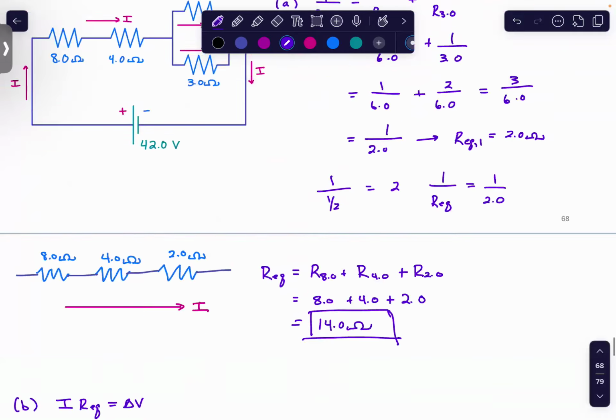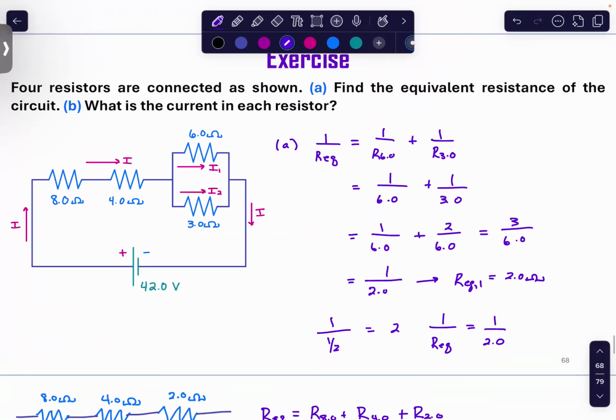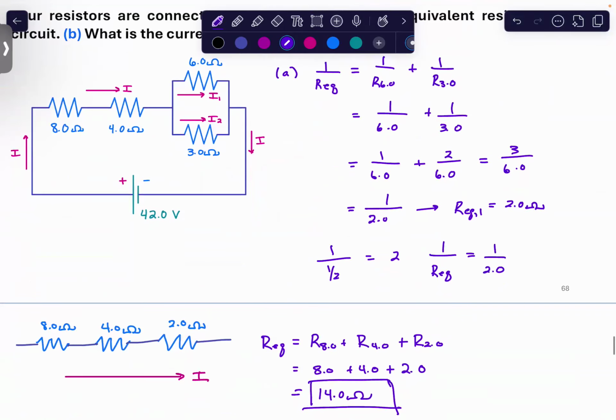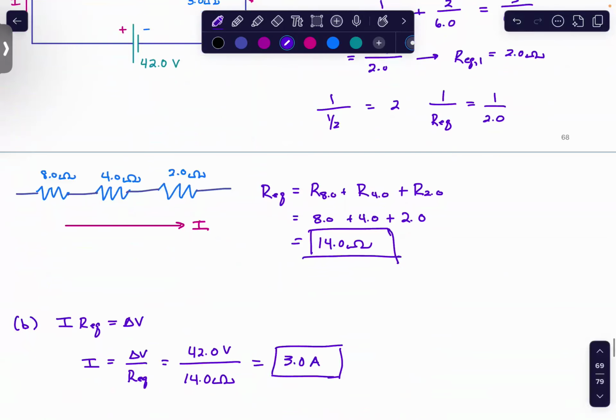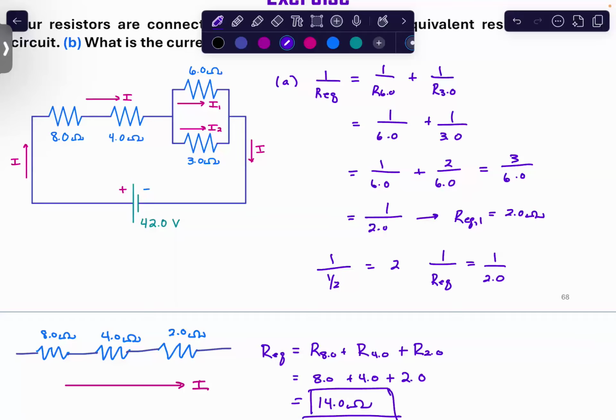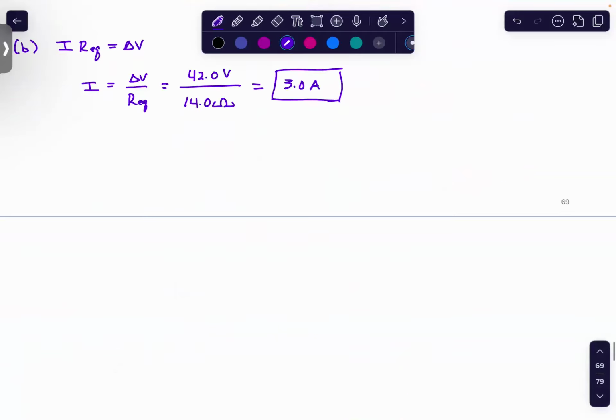Yeah, so, let's do that. What is the current in each? So, okay. We already know that for the 8 and the 4 ohm, it's 3 amps. Now we need the 6 ohm and the 3 ohm.